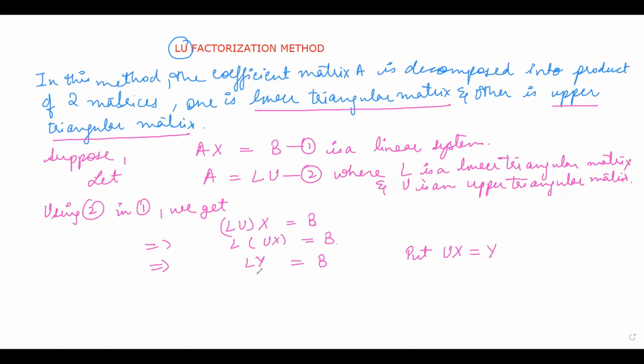Now, we have an equation LY = B, and we can solve this equation using forward substitution, because L is a lower triangular matrix. When we have calculated the values of Y, after that we'll calculate the values of X from the other equation.